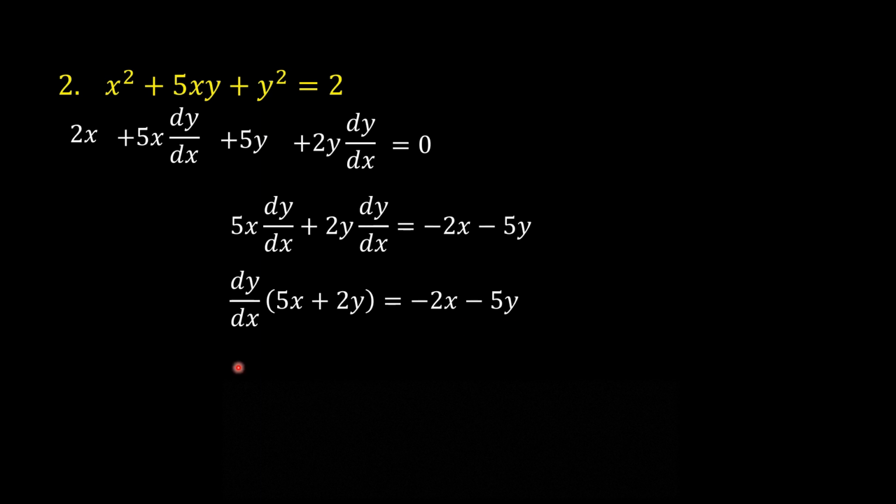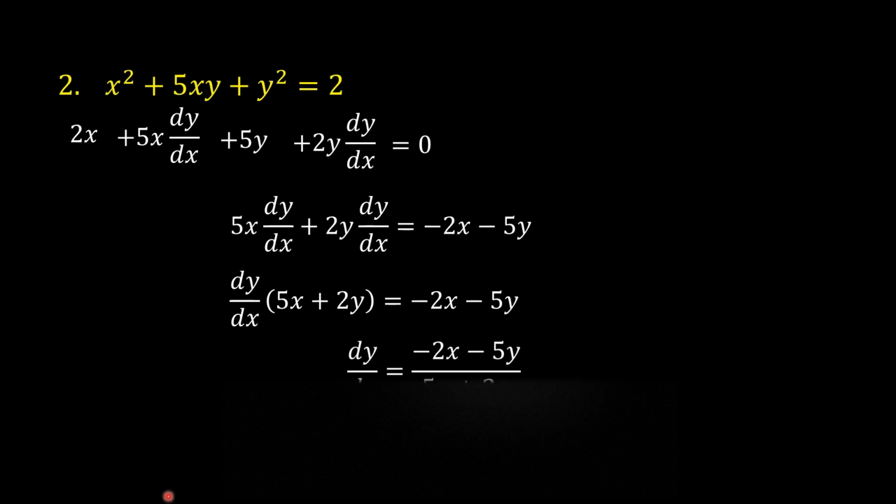And then the last step, solve for dy/dx. We can do that by dividing both sides by 5x plus 2y. So this is now equal to dy/dx is equal to negative 2x minus 5y over 5x plus 2y.